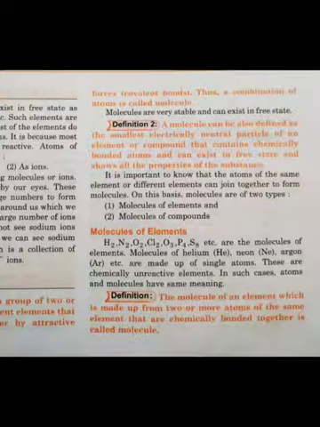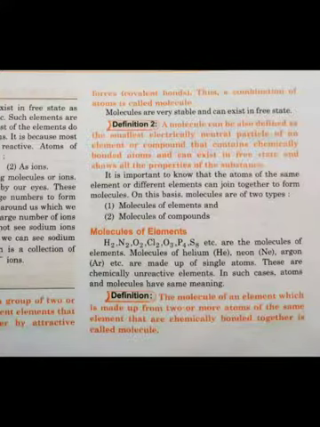Also, a molecule can be defined as the smallest particle of an element or a compound that can exist freely. Now, molecules are classified into two types, molecules of elements and molecules of compounds. Molecules of elements are those which are bonded by two atoms of the same kind like H2, N2, O2. These are molecules of elements.